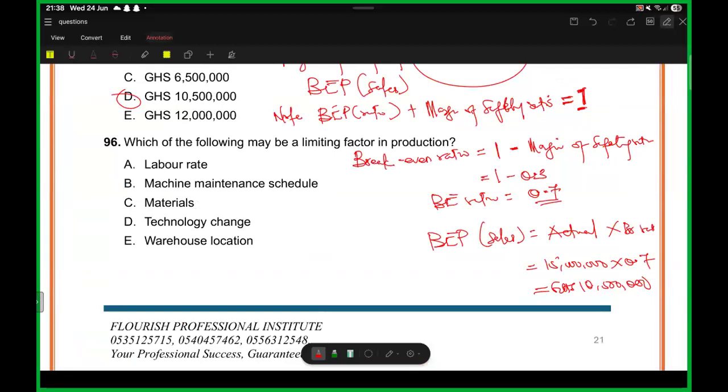Machine maintenance schedule, materials, technology change, warehouse location. So these things may not be that. But B, machine maintenance schedule. You may schedule machine maintenance and the machine may not be working. If the machine is not working, it means that production is going to be idle. Once production is idle, we call it a limiting factor.